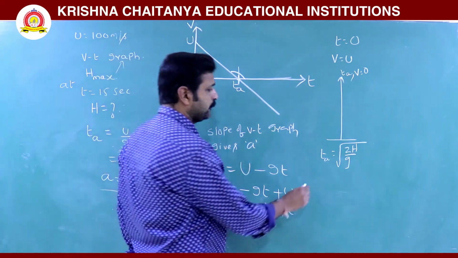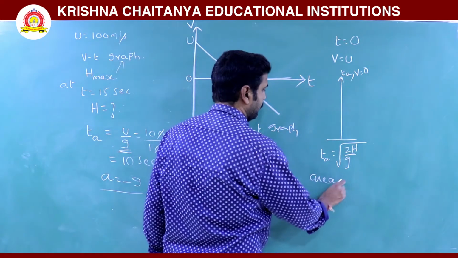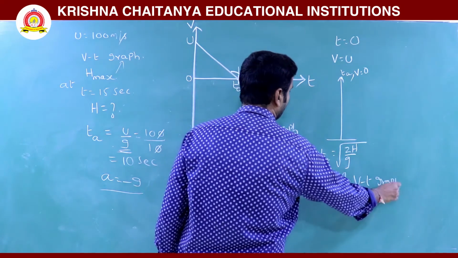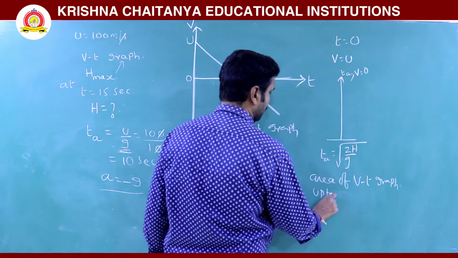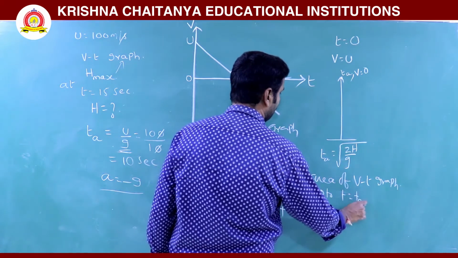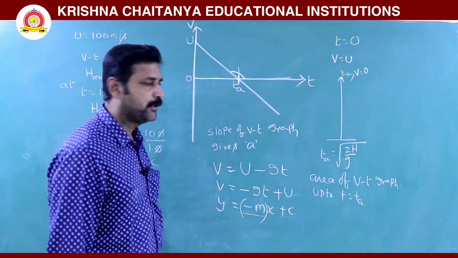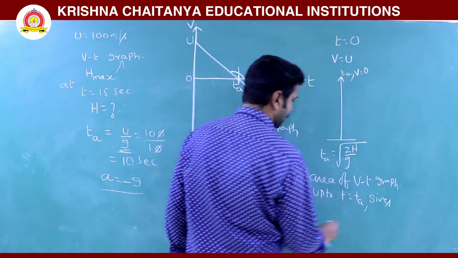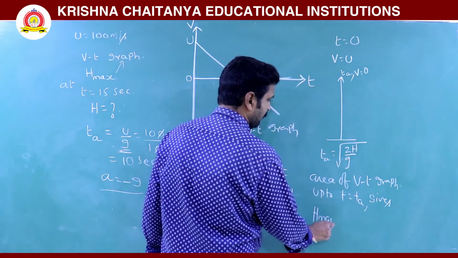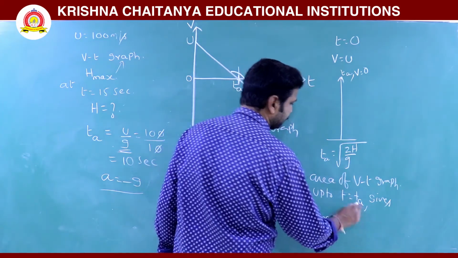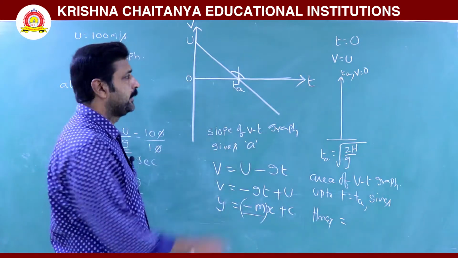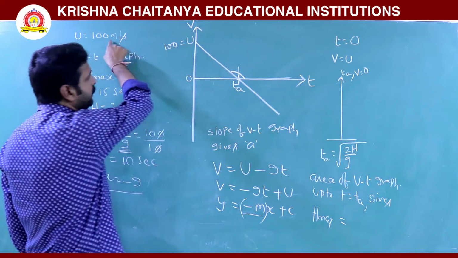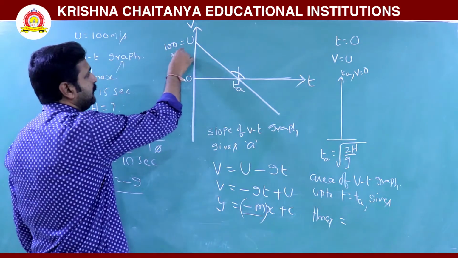So the area of the VT graph up to t equal to TA, up to the time of ascent, gives H max. Now that H max is the area. Area means u is 100 according to the data, meter per second.